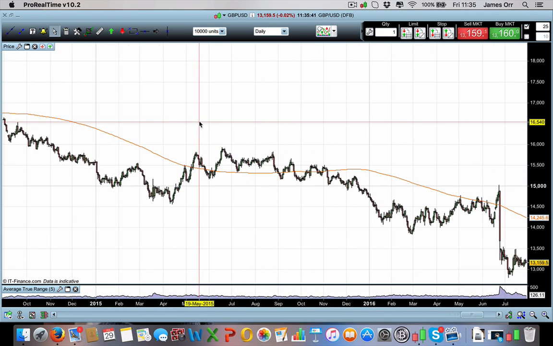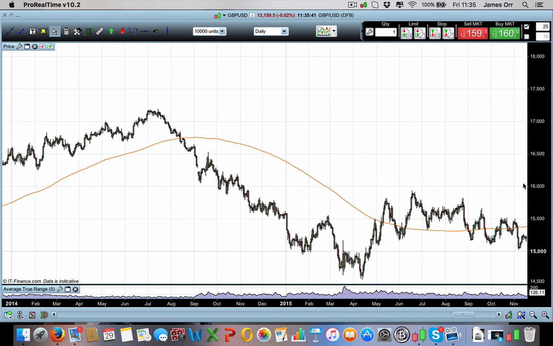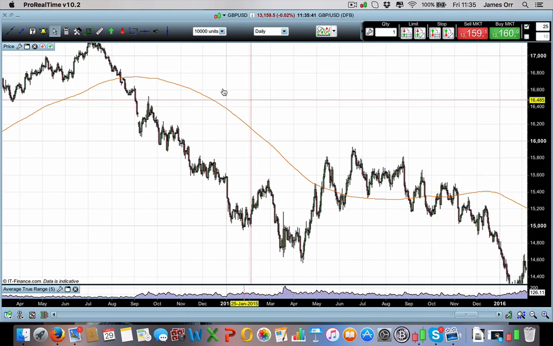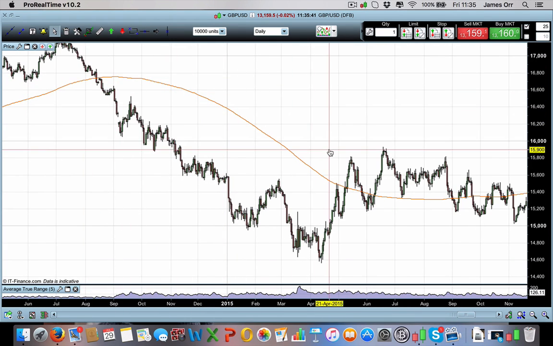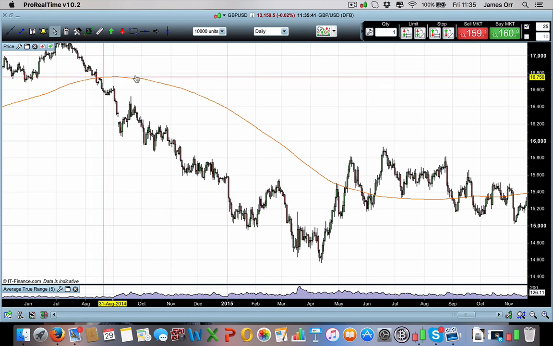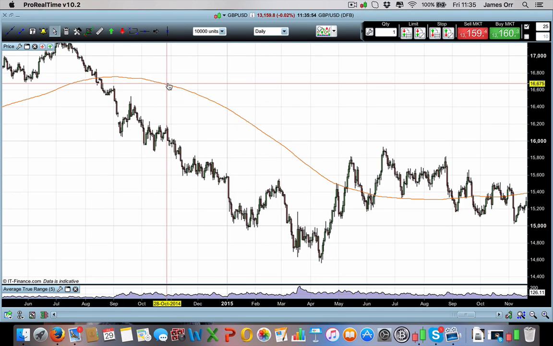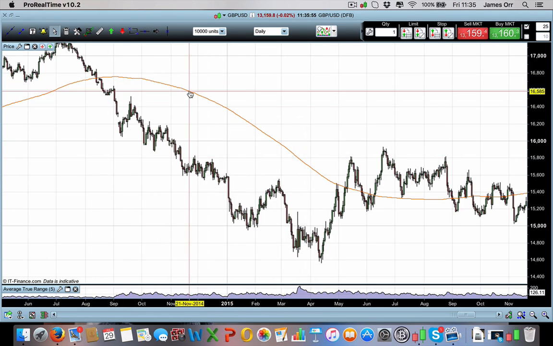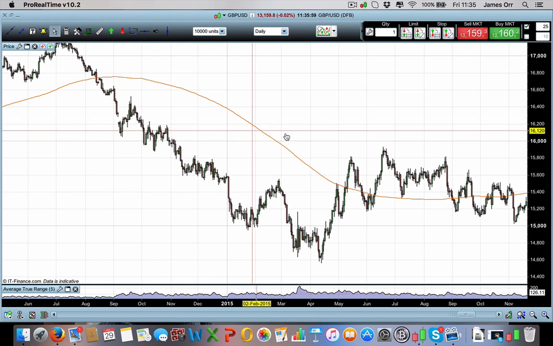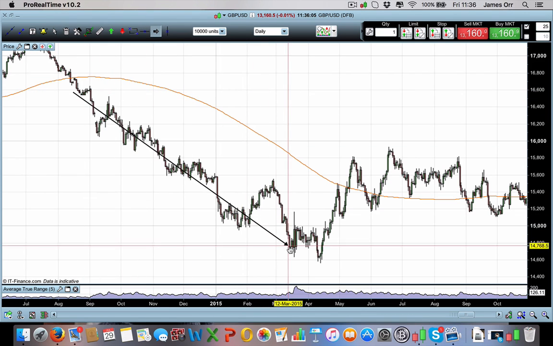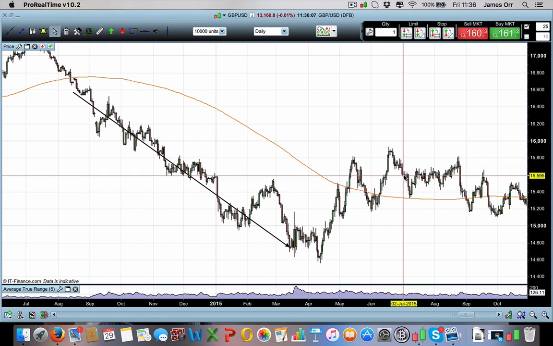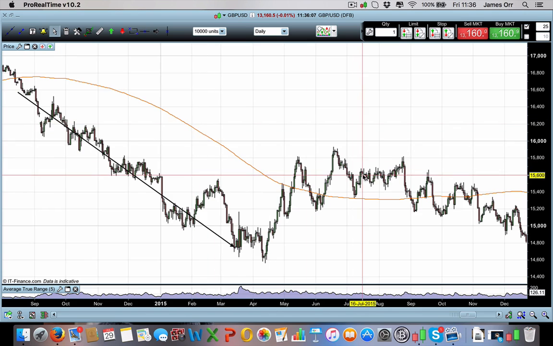So the first way to read market sentiment is to do it the way that large institutions, things like hedge funds and banks, do it. One of the main ways is the MA200, simple moving average, 200 periods. Quite simply, if the market is underneath this moving average, it's said to be in a downtrend.